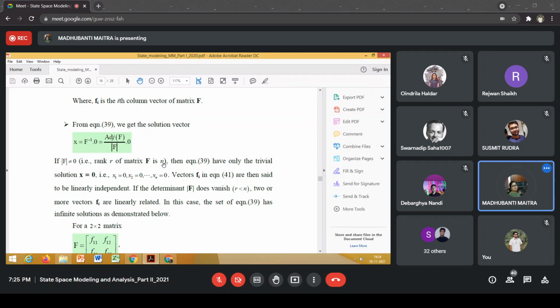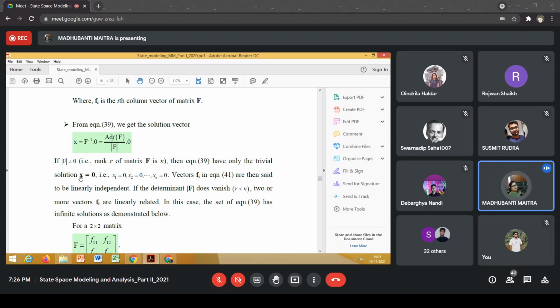Can you recall? Yes, ma'am. Okay. So if F is non-singular, we'll get the trivial solution of x, and x1 will be equal to x2 equal to x3 equal to x4 and so on equal to xn equal to 0.